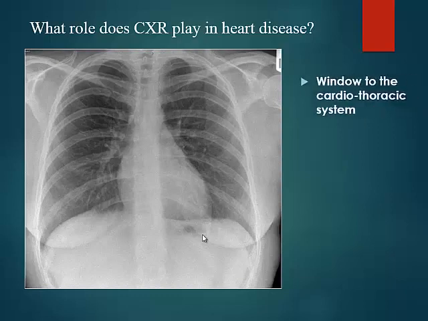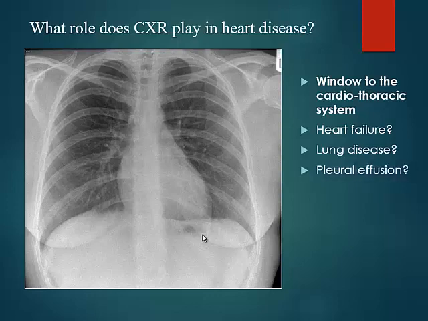So the important thing is that the chest X-ray, I think, acts as a window to the whole cardiothoracic system. It's a very simple, very crude technique, but it gives an overall view of heart and lungs. Heart failure, I think, is the commonest indication for doing a chest X-ray, to exclude lung diseases which may be responsible for chest pain or for breathlessness.